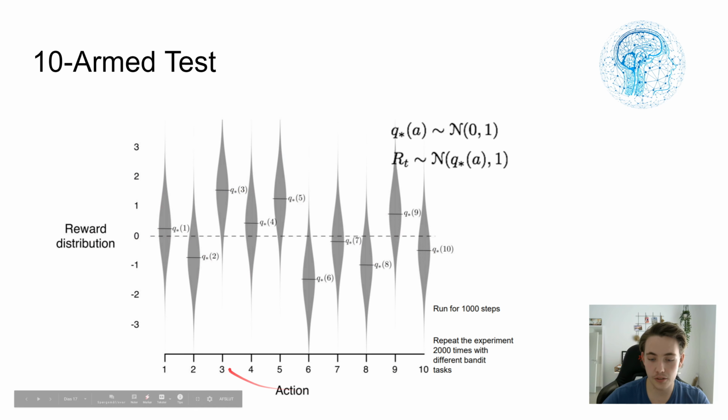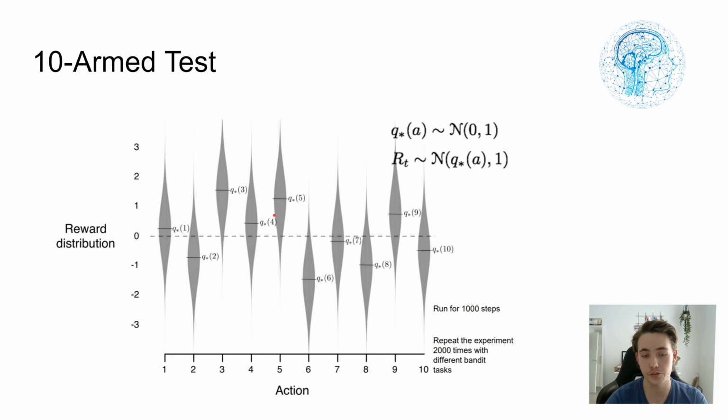So we can see down here that we have the actions on the x-axis, and the reward distributions up here on the y-axis, and then we run this test for 1,000 steps and repeat the experiment 2,000 times with different bandit tasks, and then we try to estimate these reward functions. So the more steps we take, the closer we get to the true values, as we also talked about, to estimate the probability distributions, or the expected value for each slot machine.